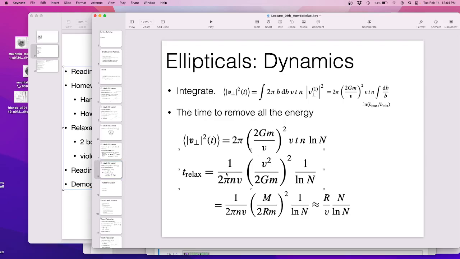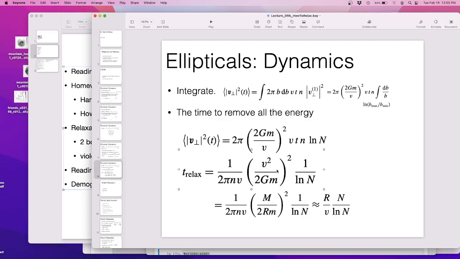So we solve this guy for t, and we get that t relax is 1 over 2 pi n v times v squared over 2Gm times 1 over the log of the number. So what am I looking for?